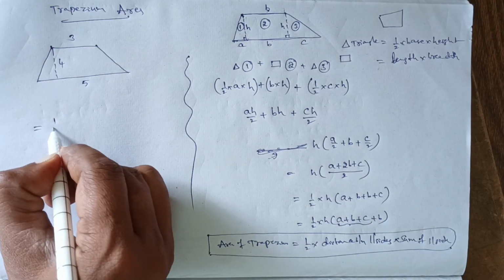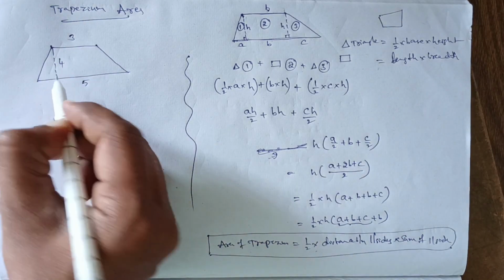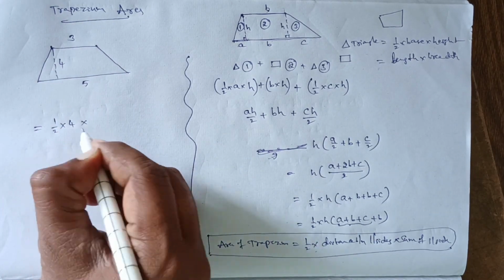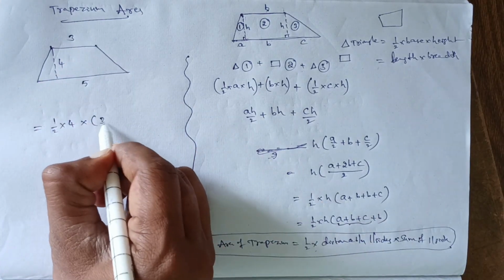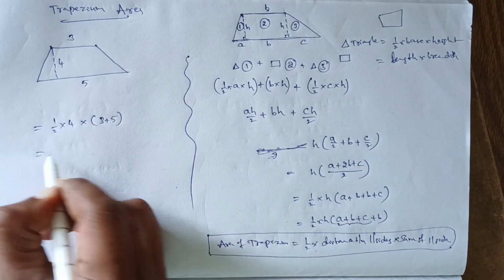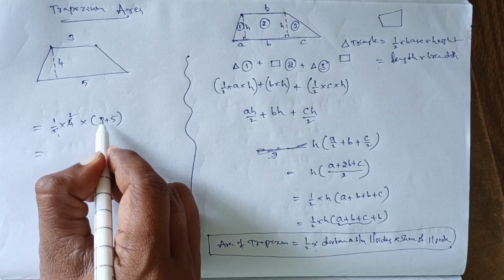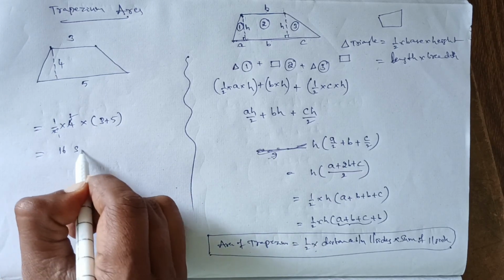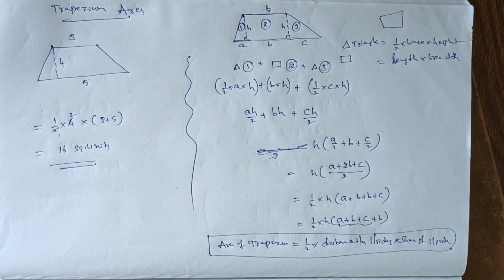What is the formula? Half into the distance between two parallel sides, that is 4, into the sum of the parallel sides, 3 plus 5. That is, 2 ones are 2, 2 twos are 4, 3 plus 5 is 8, 2 eights are 16. 16 square units is the area of the trapezium.